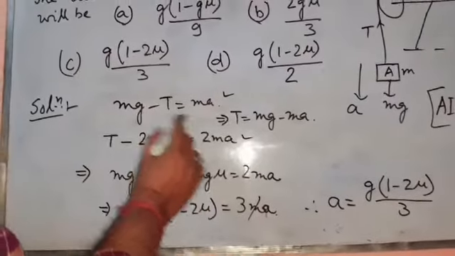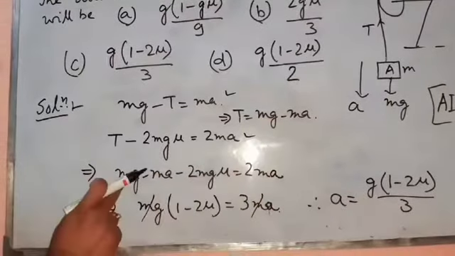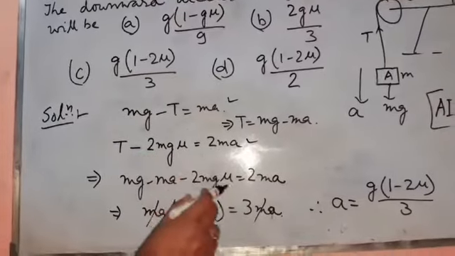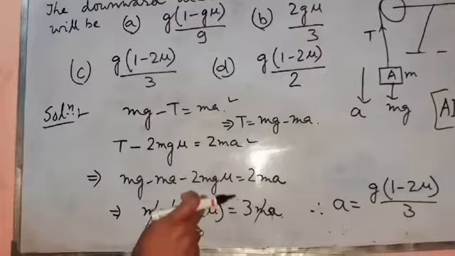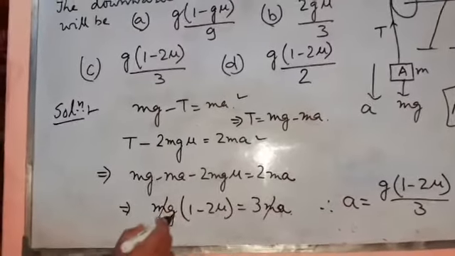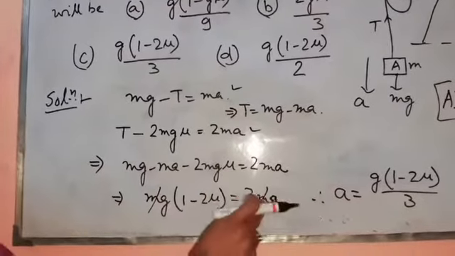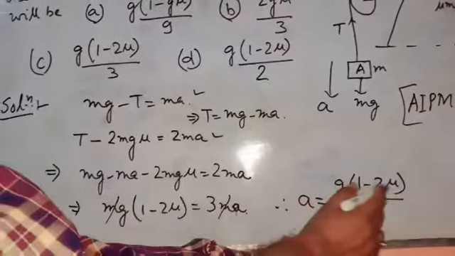From the first we get T equals mg minus ma, and we put this value here. So mg minus ma minus 2 mu mg equals 2 ma. Now taking mg common, mg into 1 minus 2 mu equals 3 ma. So m cancels, therefore a equals g into 1 minus 2 mu by 3.